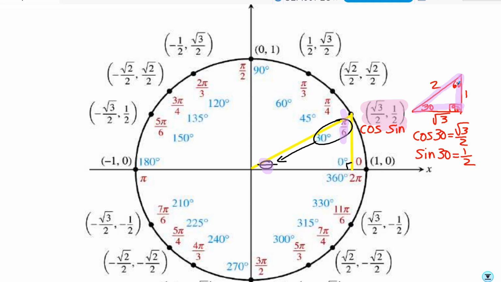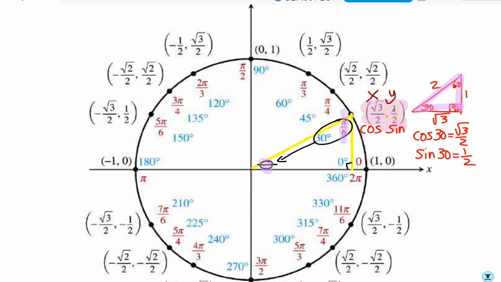And we know from the previous page that anytime I have an x value, that's going to be cosine, and our y value is going to be sine. So if I start making ratios from my special right triangle, sine is always opposite over hypotenuse, or y over r. That's going to be 1/2.